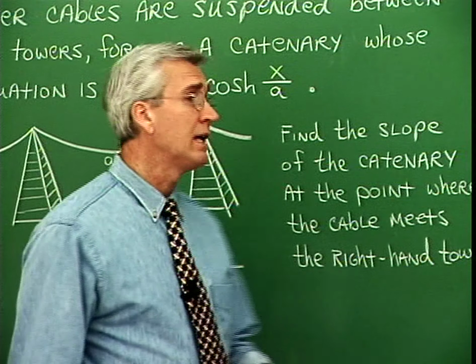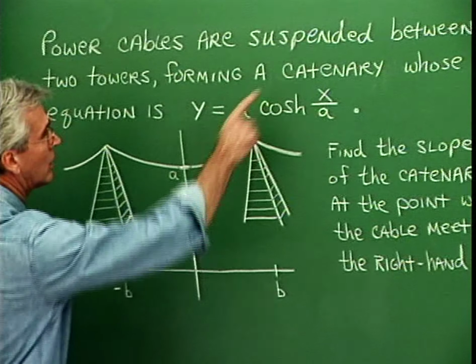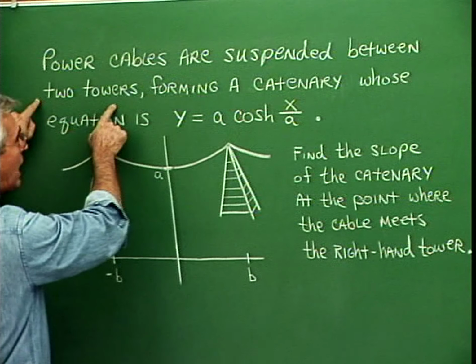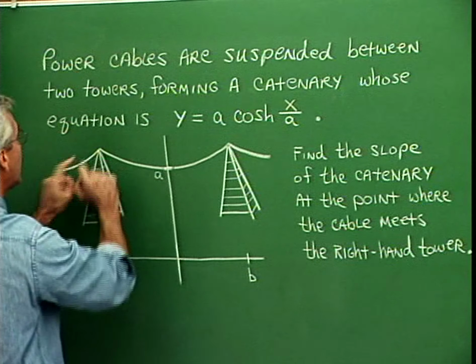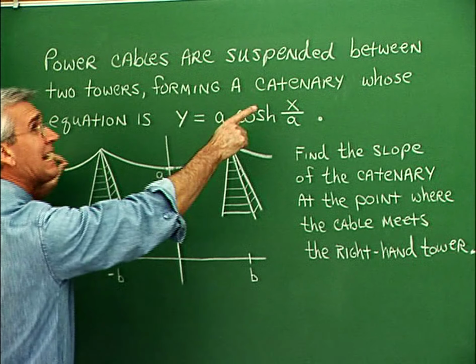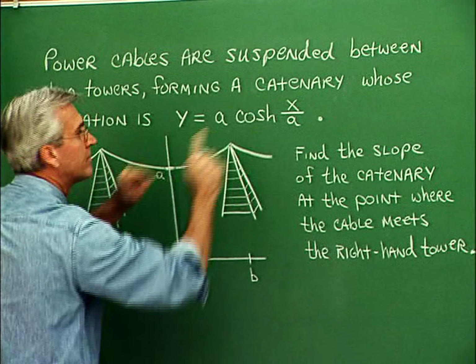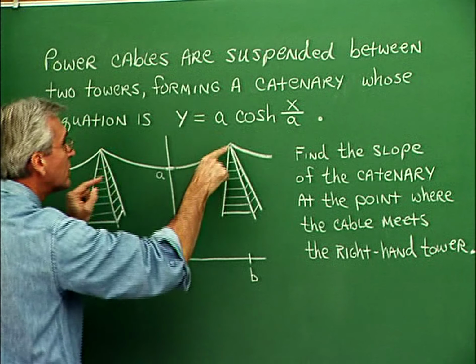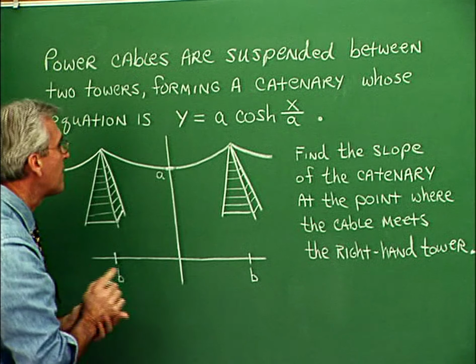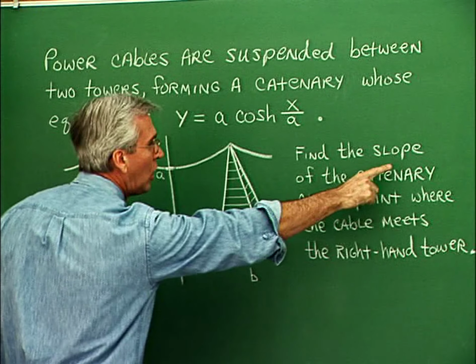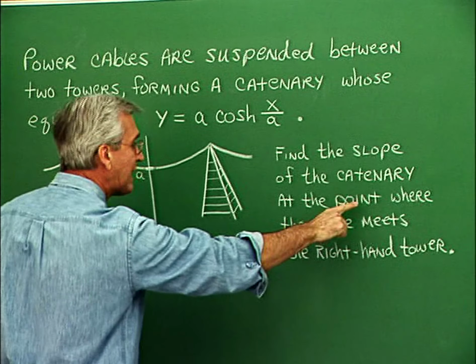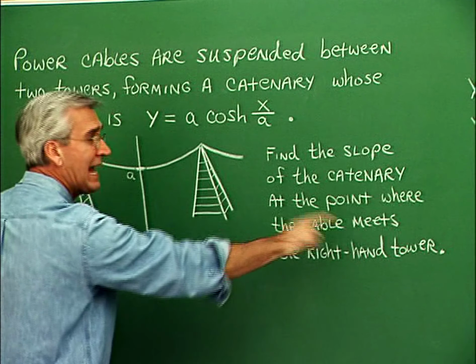Consider this problem. It says power cables are suspended between two towers. Here are the towers, here's our cable, forming a catenary whose equation is y equals this. All right, so here's the equation corresponding to that curve. Now, we want to find the slope of the catenary at the point where the cable meets the right-hand tower.